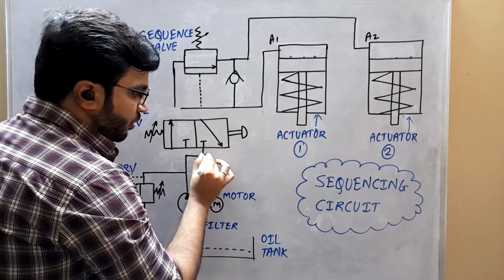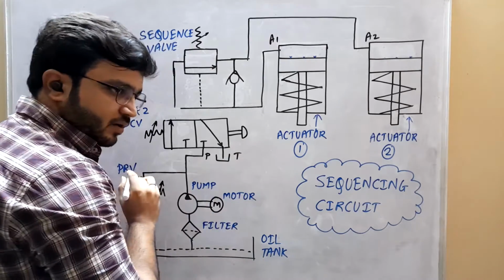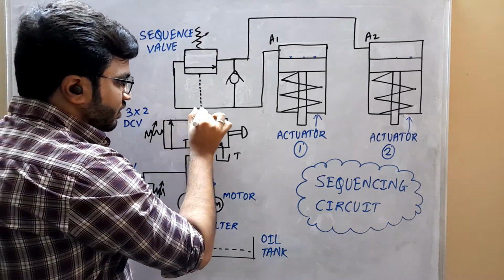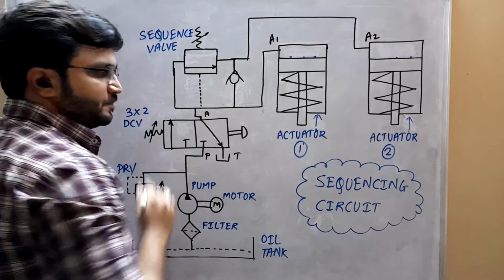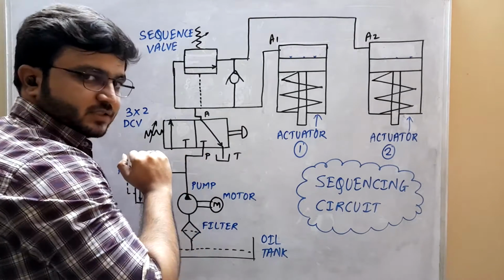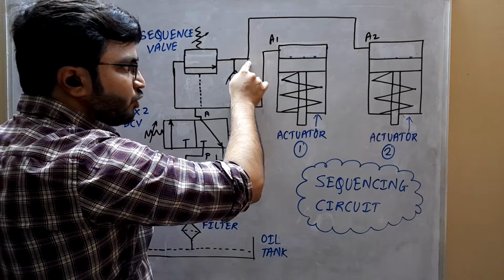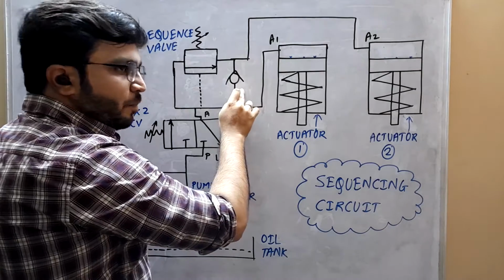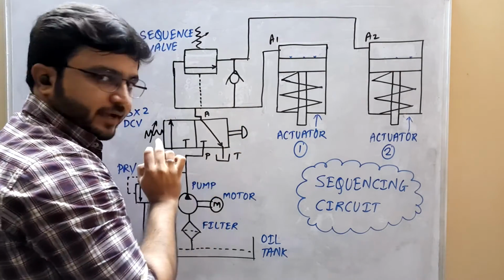Now, pump port P will be closed. This will be connected to tank, and this line will be connected to actuator port A. So because of this, the oil coming out of this actuator 2, it will be moving from this particular line. Opening the check valve, it will be supplied back to the tank.